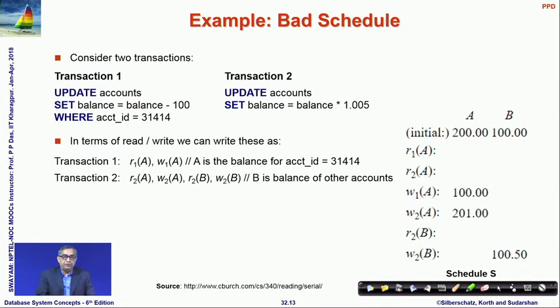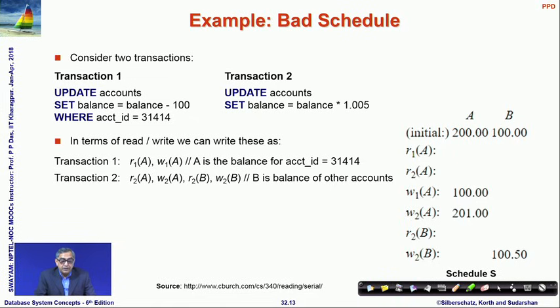So, I have shown you from the actual SQL statement how you can make an abstraction of the read and write that we use in reasoning about serializability. In contrast, transaction 2 does not have a where clause.